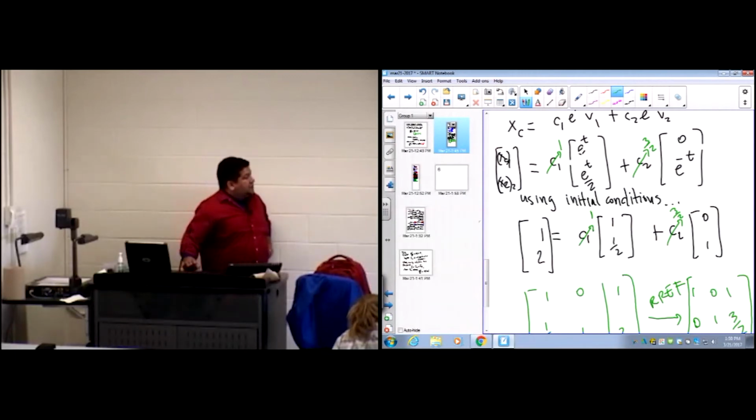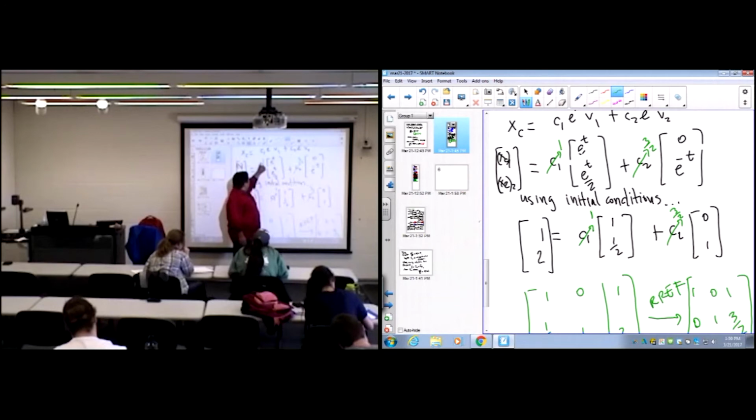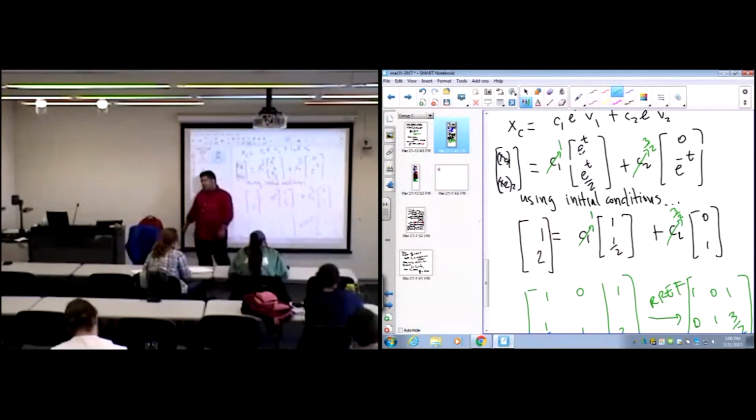Which means the first entry is going to be 1 e to the t plus 3/2 times 0, which is 0. So the first entry would be e to the t. The second entry would be 1 times e to the t over 2 plus 3/2 e to the minus t.